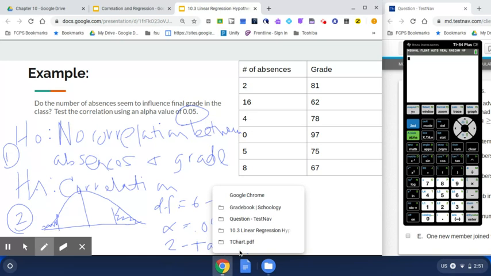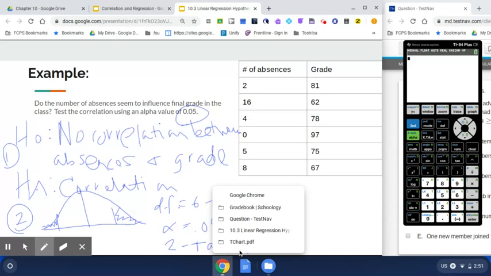Now again, that would be the positive value on the right, and the negative value is there on the left. So I'm going to say it's positive or negative 2.776. So those are my critical values.